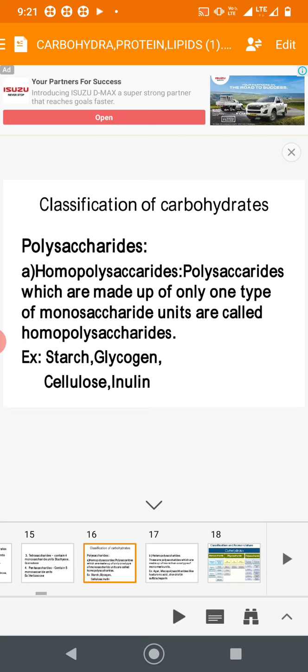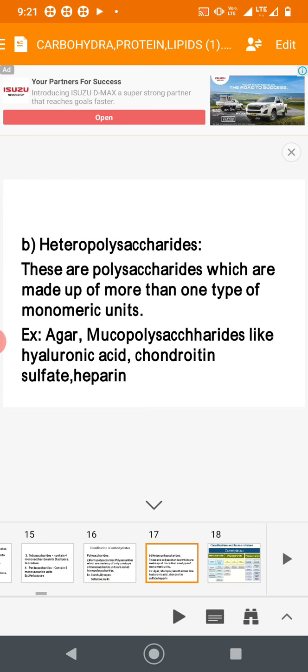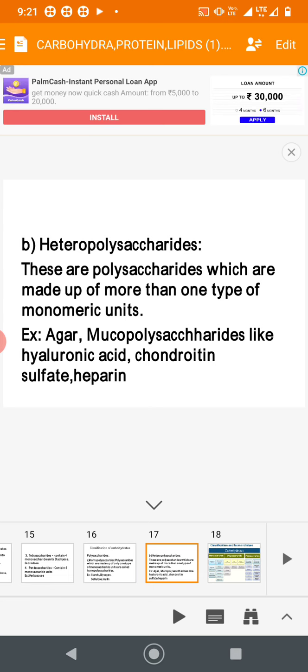Then cellulose is plant fiber. So these also come under polysaccharides. Next is heteropolysaccharides, which are made up of more than one type of monosaccharide monomeric unit. An example is agar, which is obtained from seaweed and is used in culture, and mucopolysaccharides.